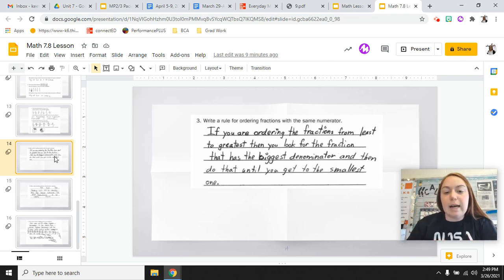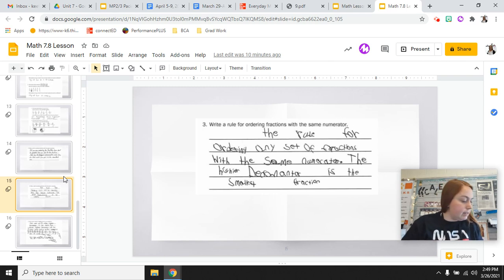So the first one says, if you are ordering the fractions from least to greatest, then you look for the fraction that has the biggest denominator and then do that until you get to the smallest one. So just like what we've been talking about, the least is going to have the greatest denominator. The greatest is going to have the least denominator. So it's kind of working backwards, okay?